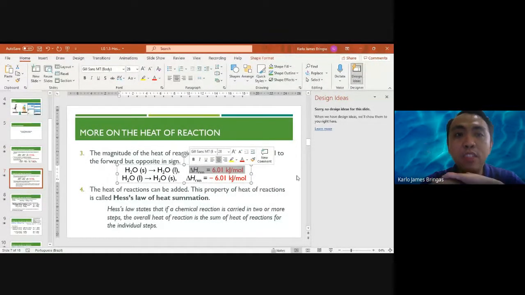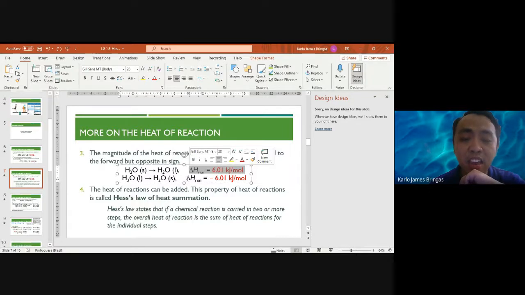Now, obviously, you might want to do the opposite process. You might want to start with liquid water that we put in the freezer to make our ice. So we might be interested to know what the delta H reaction is for that physical change.